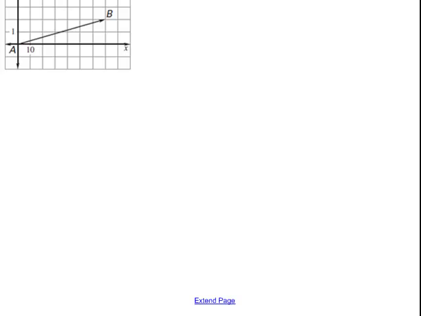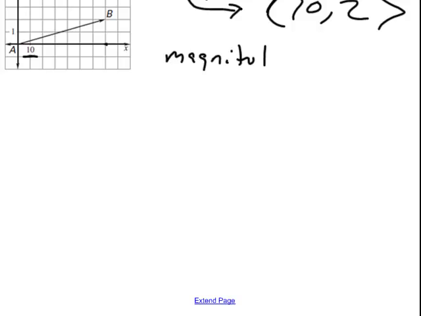Number 14. Let's find the vector's component form, magnitude, and direction. The trick here is, look, this is 10, right? So I've actually gone out to 70, and the component form is actually going to be 70, 2. If that's the case, then I can find the magnitude by squaring each number, adding the two together, and taking the square root, right?